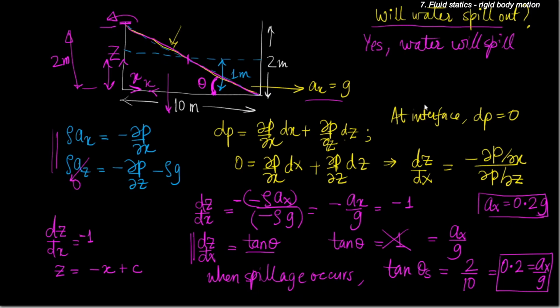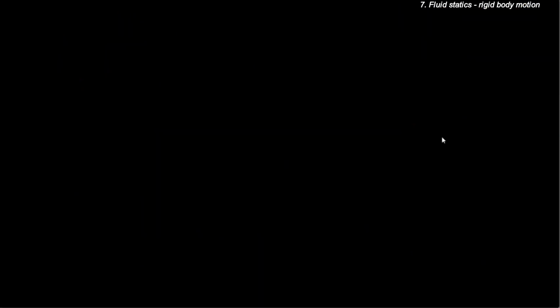As a matter of fact, the problem that we just considered had a rectangular tank, and it almost made us feel like, yes, there will be a deformation in the interface and fluid will spill out.